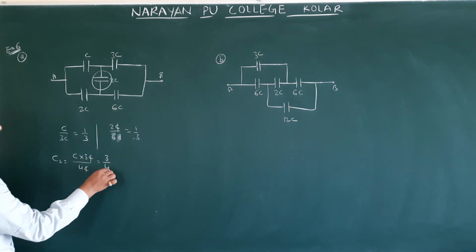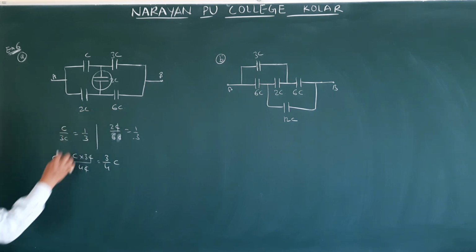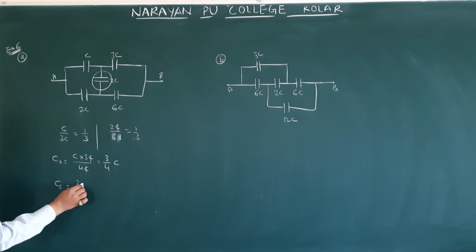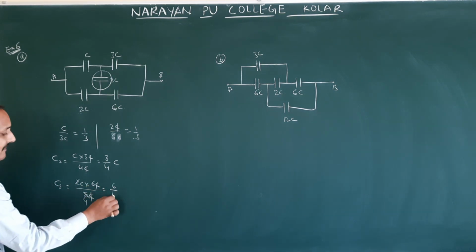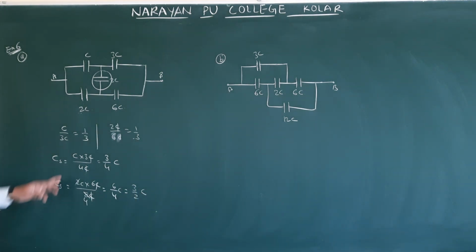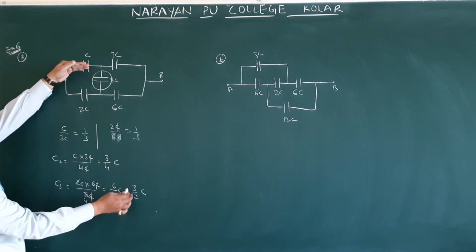And how much you got? 3 by 4C. Next, here Cs is equal to these two capacitors' resultant: 2C into 6C by 8C. So C will be cancelled, 4 times. Again, 6 by 4C means 3 by 2C. So here 3 by 4C, here 3 by 2C.